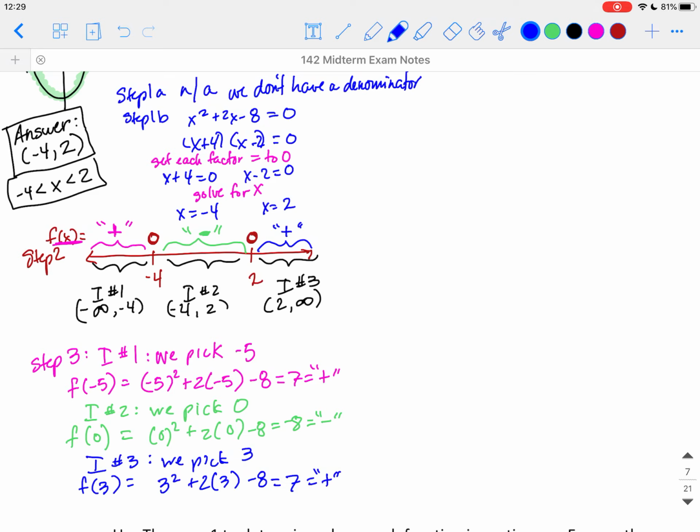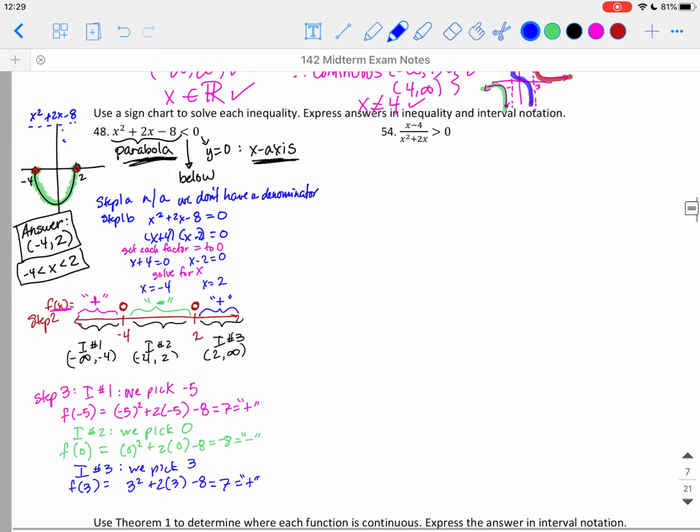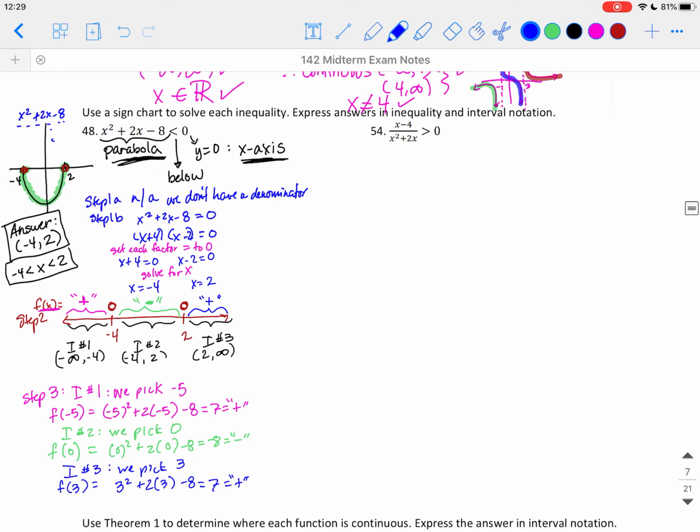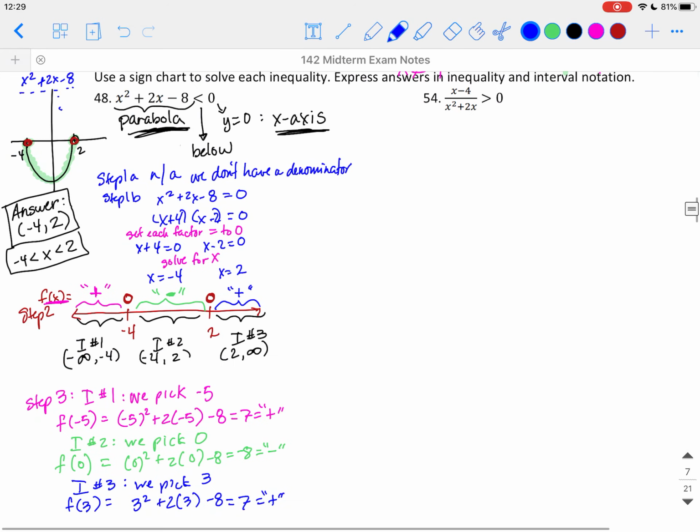So step 4 is to construct the sign chart. Well, we actually already did. It's in step 2. And if you notice, I'm going to have to zoom out here.